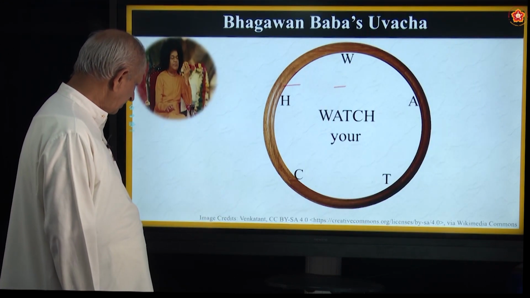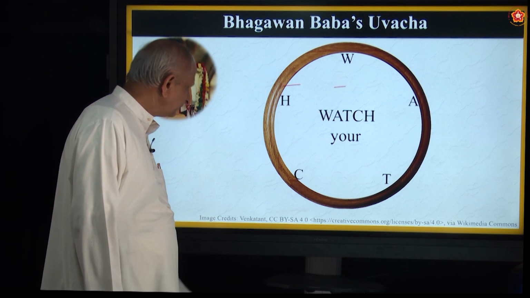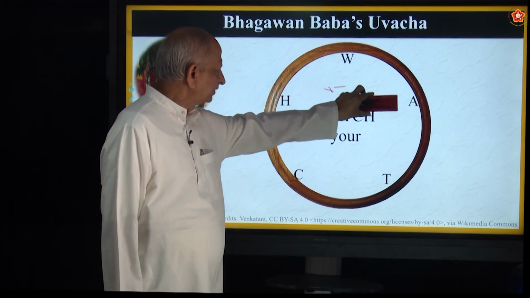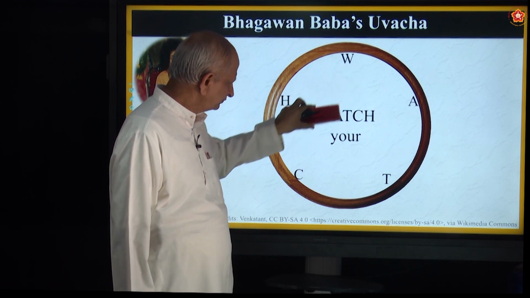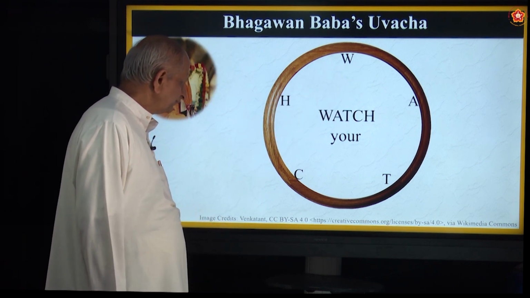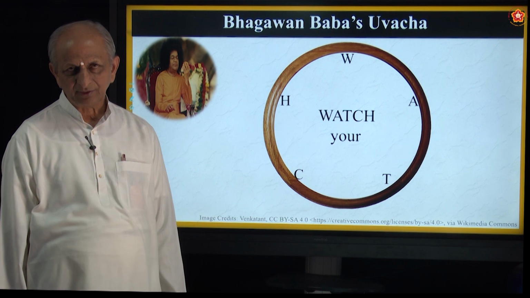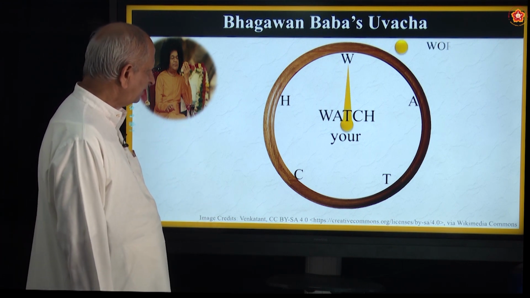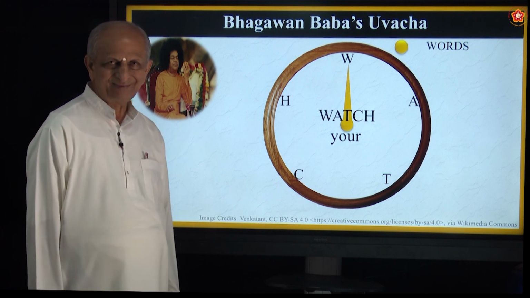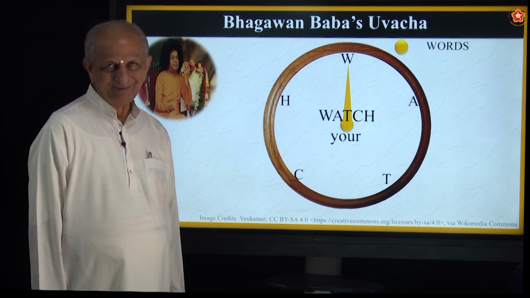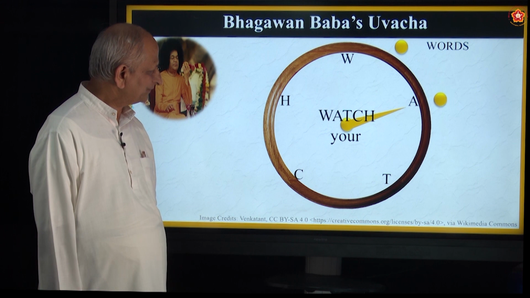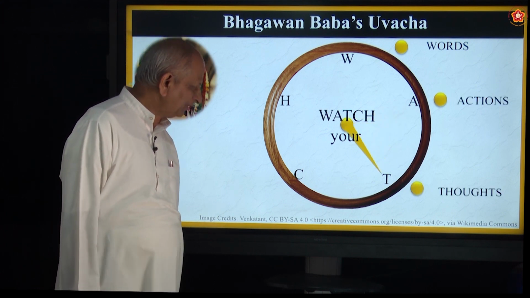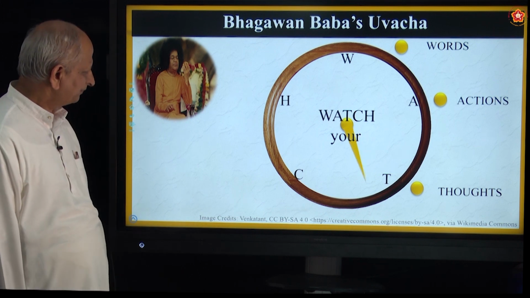Okay. Now let us see what Bhagwan Baba says. So nice quotation. Here is a watch. Baba says, what do the letters in watch stand for? W stands for words. Can you remember? A stands for actions. T stands for thoughts.